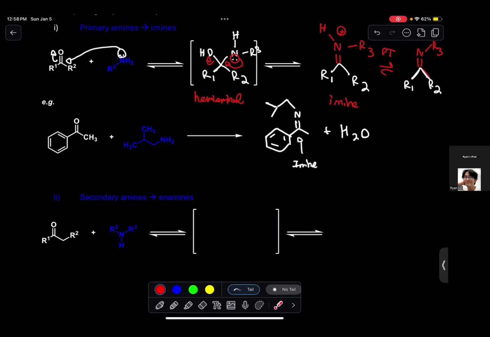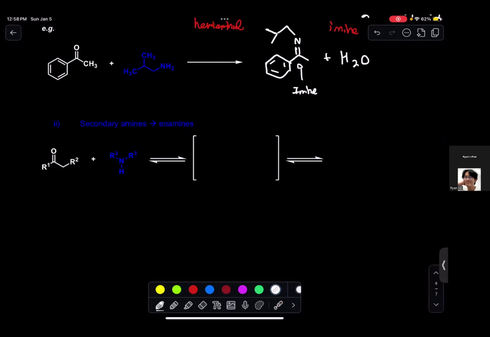So we're going to do a really, really brief, hybridized abbreviated mechanism. You're going to end up with your hemiaminal. Hemiaminal is kind of like the pit stop to full aminal or whatever you want to do afterwards.